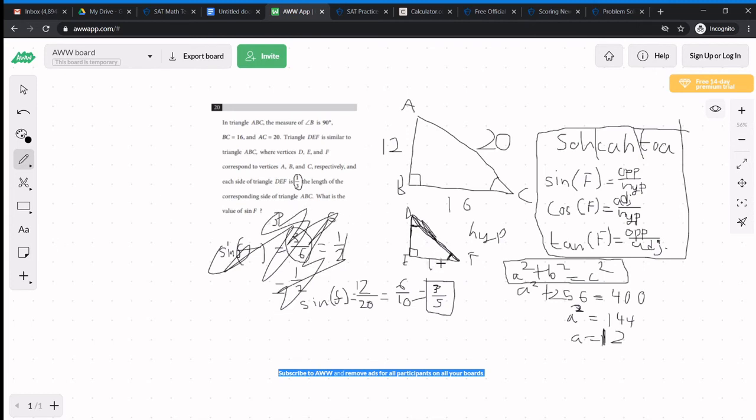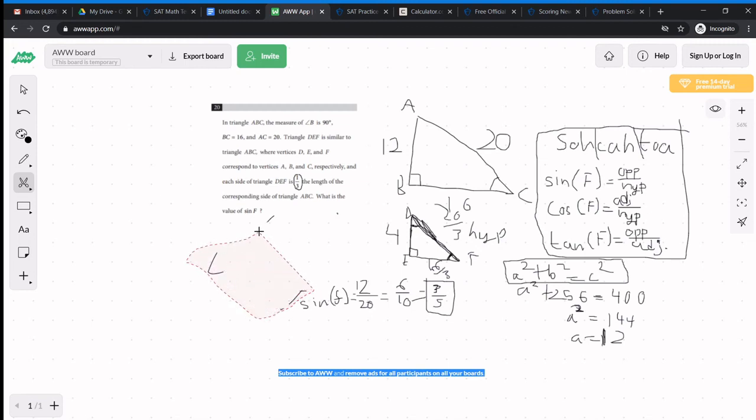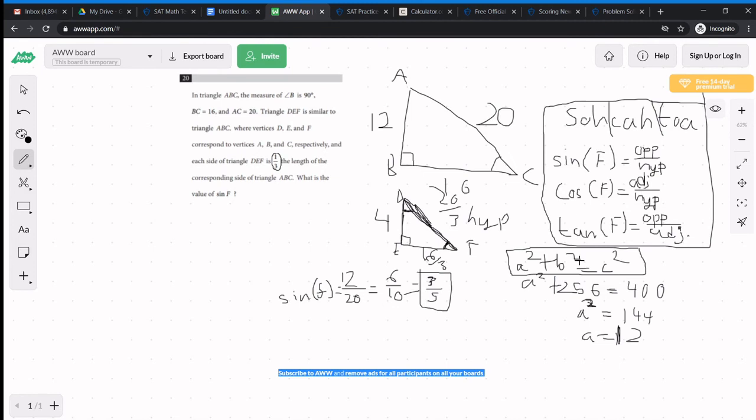You get 16 over 3 here, you get 20 over 3, and you get 4. And you're still going to get the exact same answer when you do sine of f. So it's not a must to realize, but it is just helpful. If you do see that fact, great for you. You just saved probably 20, 30 seconds. But if you don't, it's not the end of the world by any means. All you have to know is SOHCAHTOA and the Pythagorean theorem to solve this problem.